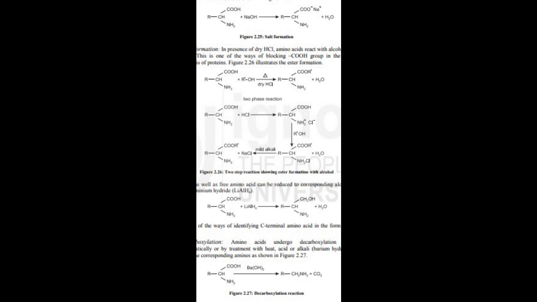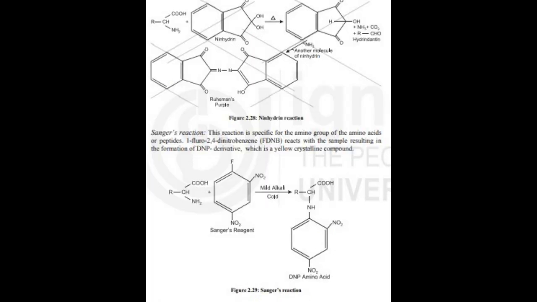This ester as well as free amino acid can be reduced to corresponding alcohol with lithium aluminium hydride, LiAlH4. This is one of the ways of identifying C-terminal amino acid in the form of amino alcohol. C. Decarboxylation. Amino acids undergo decarboxylation reaction, enzymatically or by treatment with heat, acid or alkali, barium hydroxide, to form the corresponding amines as shown in Figure 2.27.